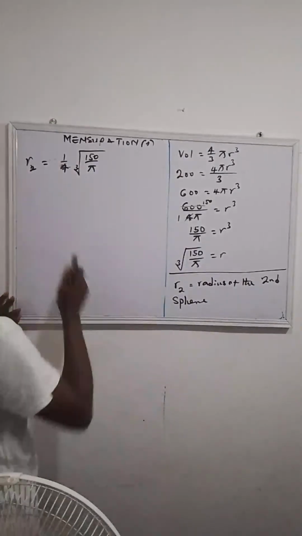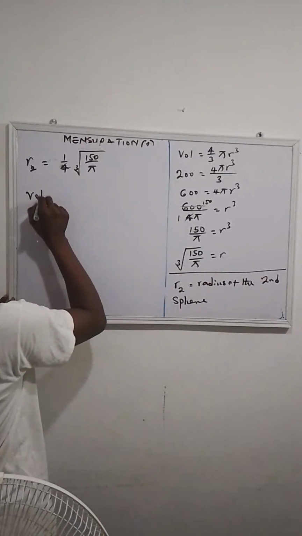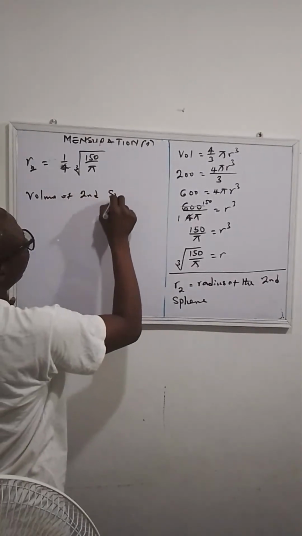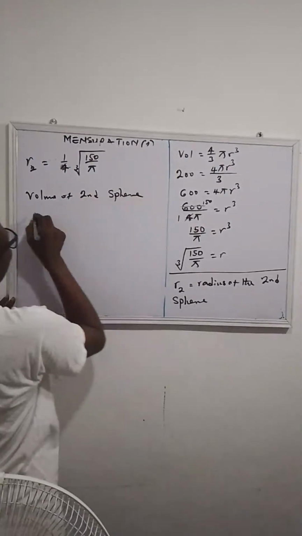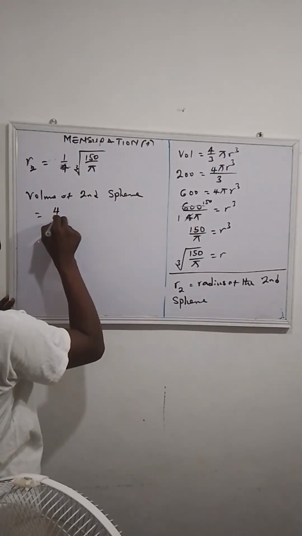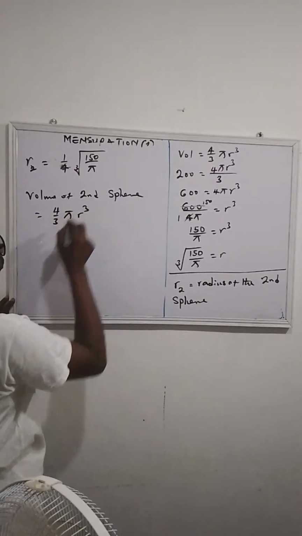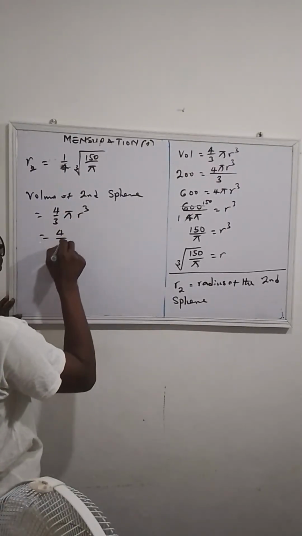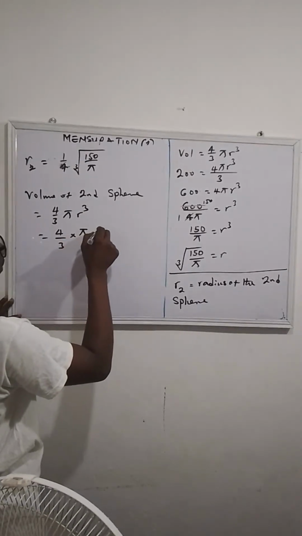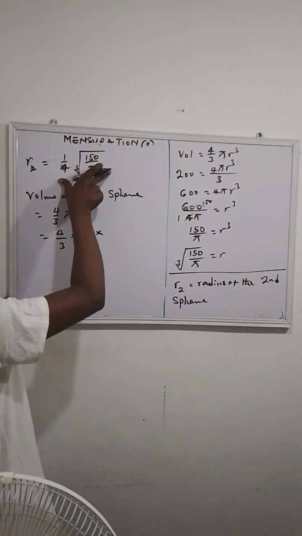So I'll now write the volume of the second sphere will be equal to 4/3 pi r cubed. You get that? So we have 4/3 times pi times the volume.